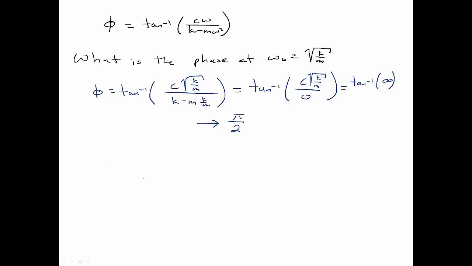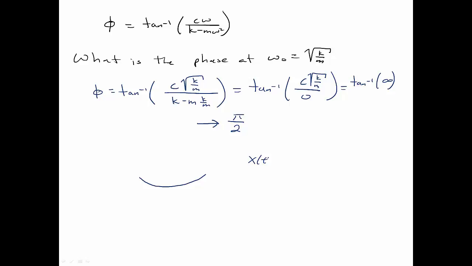So if you think about something that's swinging along an arc, say you're pushing a kid on a swing, there are certain times when pushing is not going to do you a lot of good. You're saying that the phase of the position of the object is pi over 2 out of phase with the driving force.